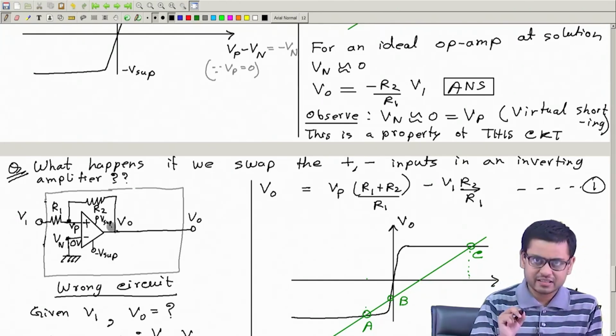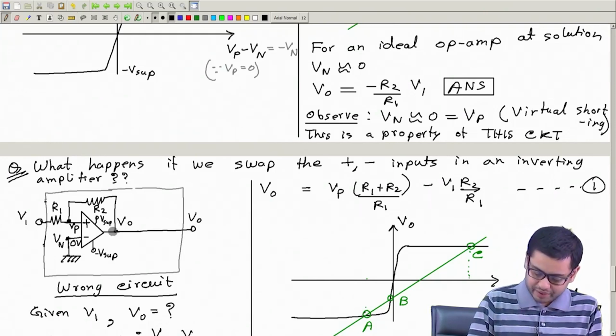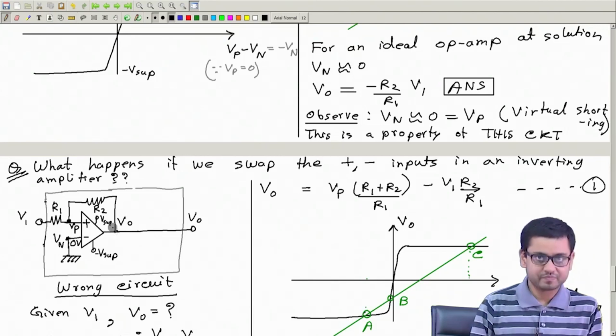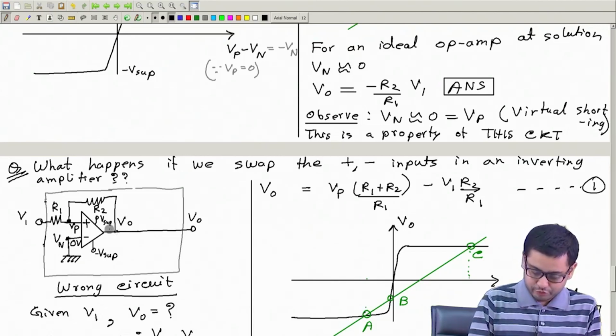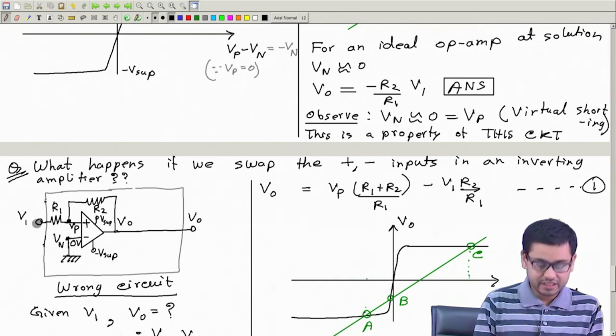VO can fluctuate a bit, it can go up a bit or go down a bit. Now what will happen if VO goes up a bit? If this value is increased a bit, then the value at Vp will also increase, assuming V1 is constant, it's not changing.